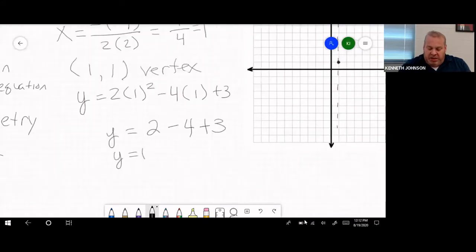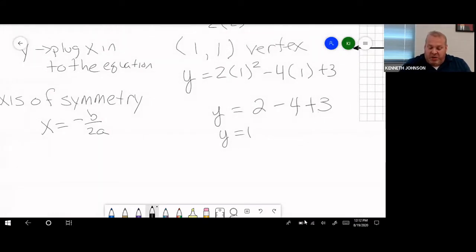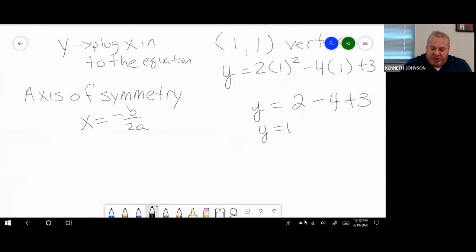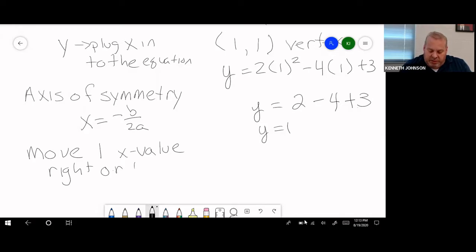So after we have found the vertex, we've drawn in the axis of symmetry, then what we're going to do is move one x value right or left. Sorry, it's lagged up here.